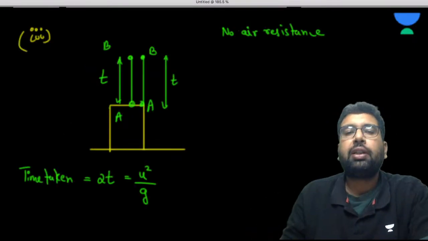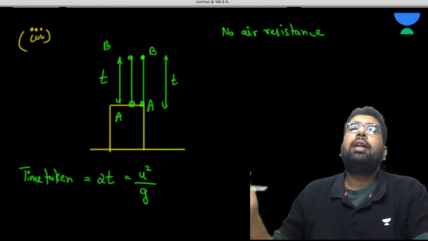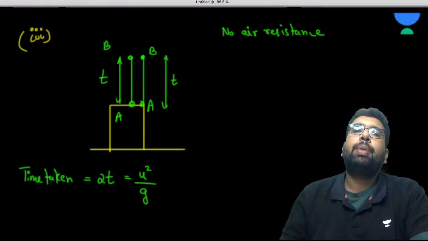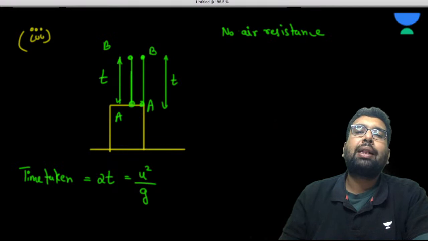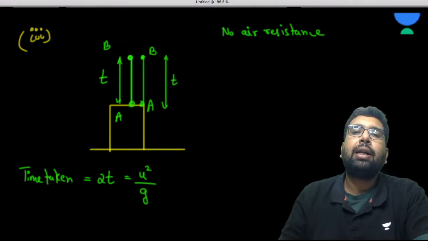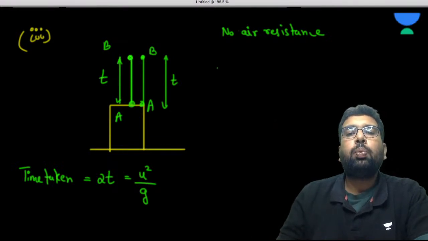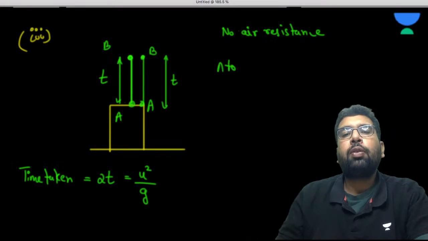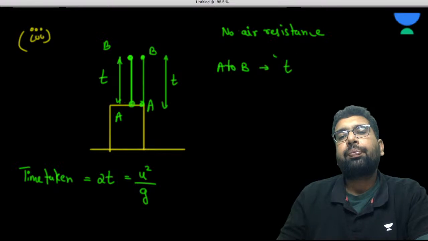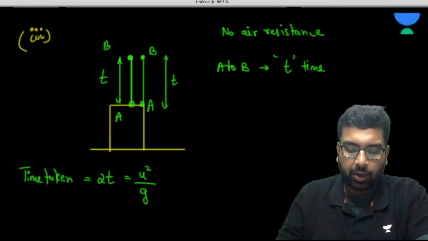First of all, this body is thrown from the top of the building, so it will follow a path like this. It reaches the maximum height. Going from A to B, it took T time, right? Do you agree or not?